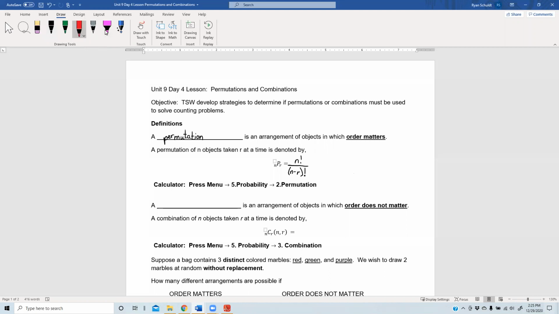And remember, it'll come up like this. You'll just have a set of parentheses. That's all the calculator will put up. You'll have to put in your n, comma, and then your r. So n goes in this first blank, r goes in the second blank.